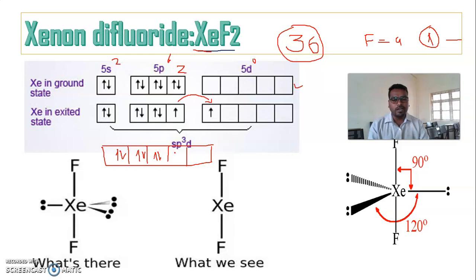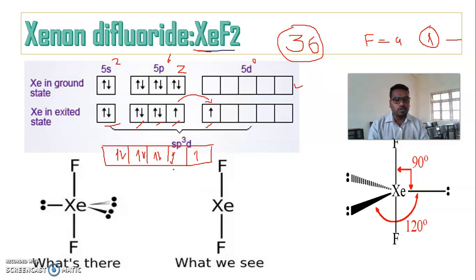Here one electron shifts to the nearest p orbital, so it undergoes sp3d hybridization, that is one s orbital, three p orbitals and one d orbital are involved in bonding.